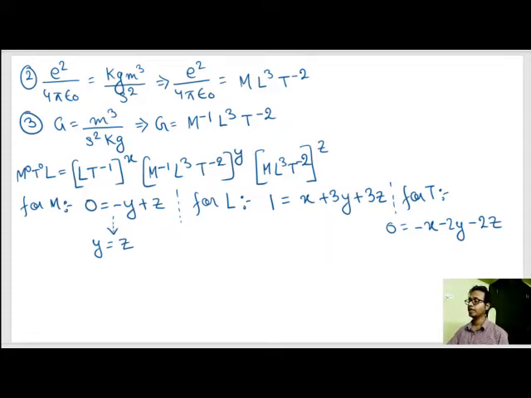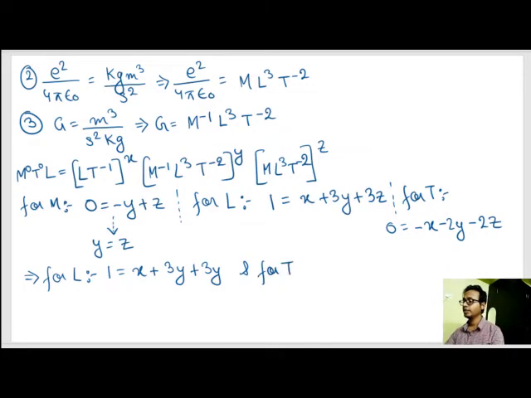Now substituting y is equal to z in equations 2 and 3, for the L equation we get 1 is equal to x plus 3y plus 3y, and for T we get 0 is equal to minus x minus 2y minus 2y, because y is equal to z from the equation of M. So let's rewrite this equation again.